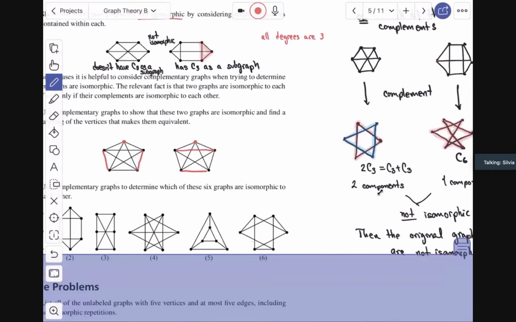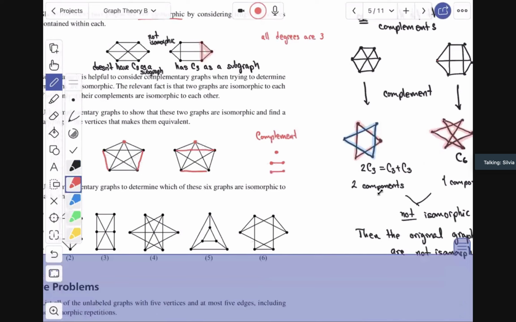It's not only that, remember? You need to be able to relabel them so that they have exactly the same pairs as edges. But it's not only that. In this case, you can see that really, the complement is just one vertex and two edges, right? For both of them. That's the complement for both of them.